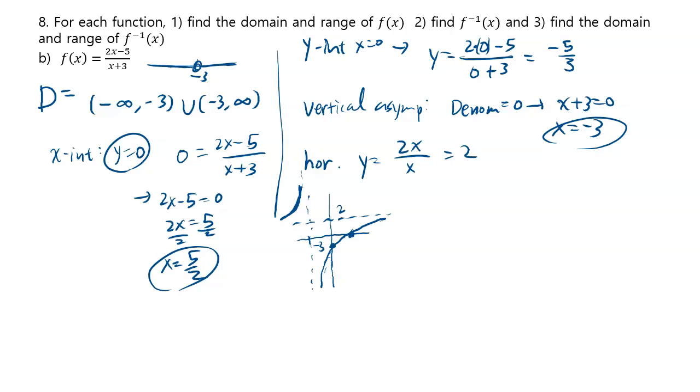If you have quadratic over quadratic, then you may have some portion of the graph piercing through the horizontal asymptote. Sometimes that happens, but in a first order divided by first order, that never happens. So these two curves completely miss 2. And therefore the range is from negative infinity to 2, union 2 to infinity.